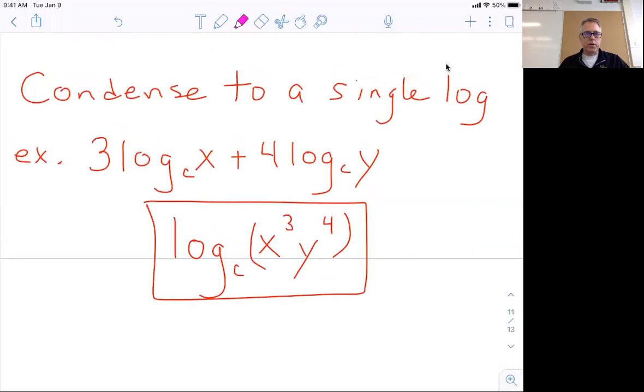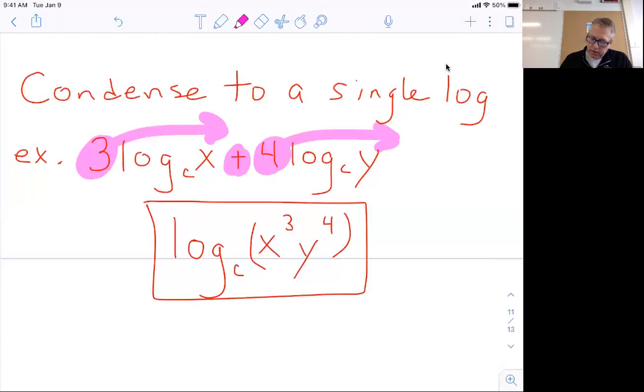I'll give you a second to write down, then I'll explain again. It becomes log base c of x to the third times y to the fourth. So we're condensing to a single log. The coefficients, always take those right away and make that your exponent. So that's where x to the third comes from. That's where y to the fourth comes from.